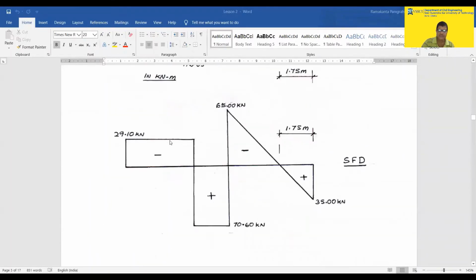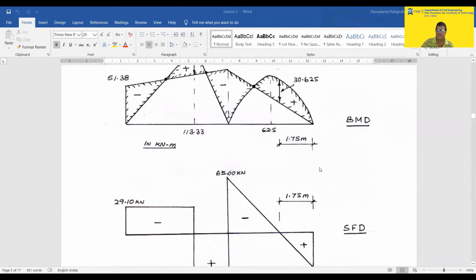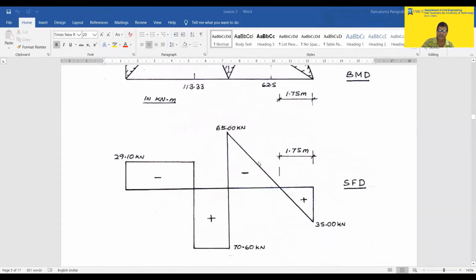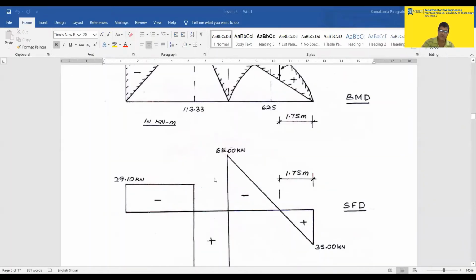Because you have the reaction 29.9, you come here, then come down, and then come to this place, then add these reactions. Then come here, it will be 35. It will be 0 here. So that can be obtained from this diagram. From this shear force diagram, you can find the maximum bending moment. Where the shear force changes sign, the bending moment is maximum.